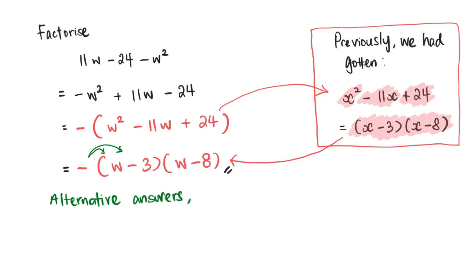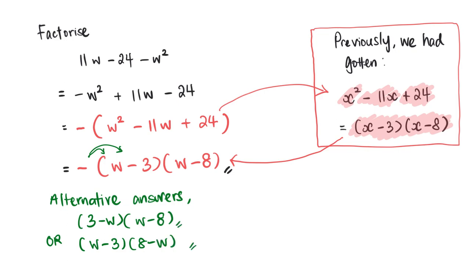Alright, so we can have 3 and negative w times w minus 8. We could also have positive 8 minus w. I write it in the other way, okay? W minus 3, 8 minus w. Okay, all are possible answers. Alright, let's move on to the next question.